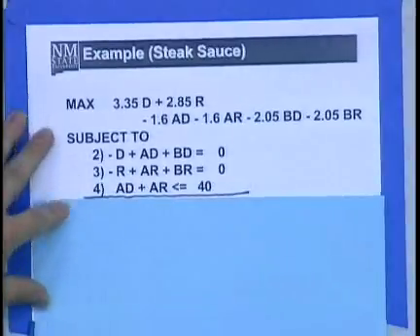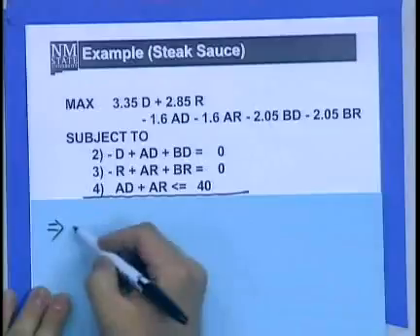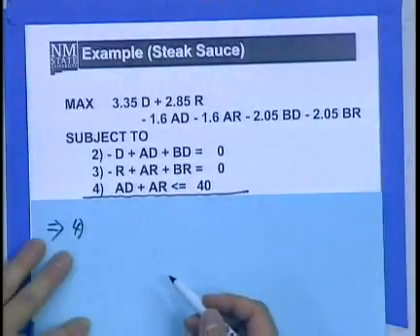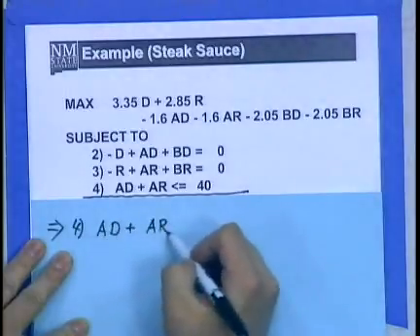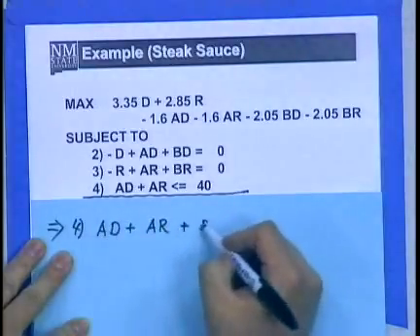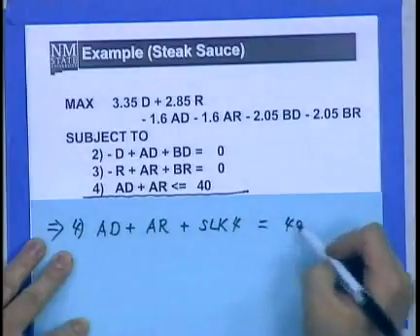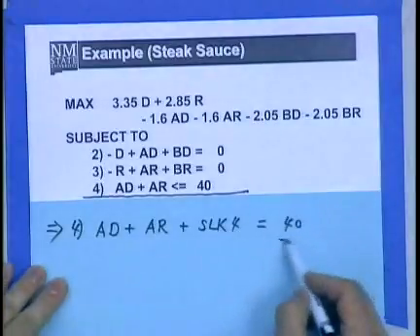By introducing a slack variable, we may obtain an equality constraint, which is AD plus AR plus slack 4 equals 40, right? And up to 40 quarts of A.